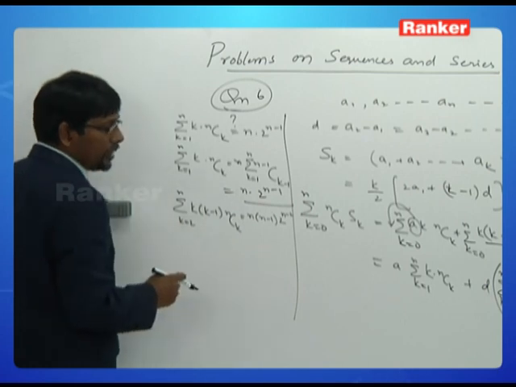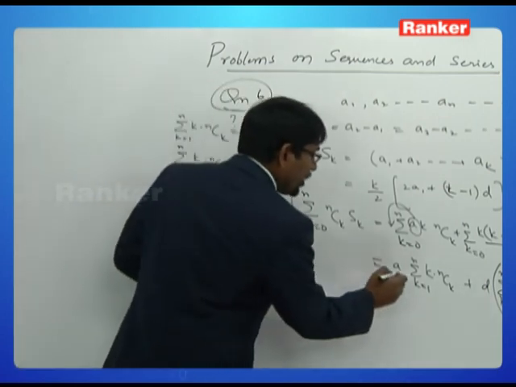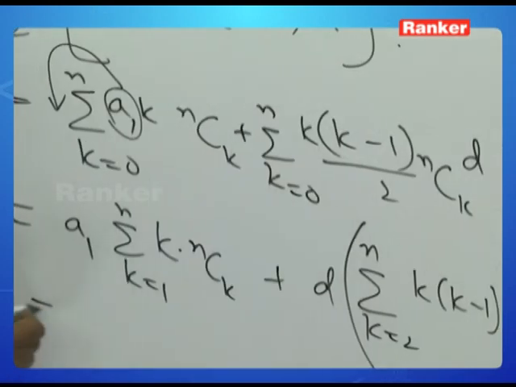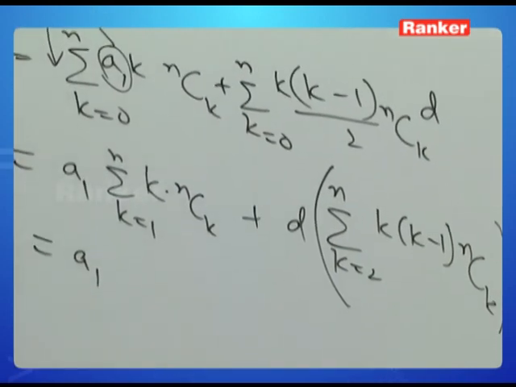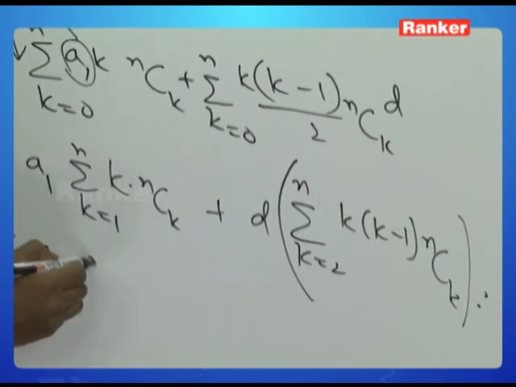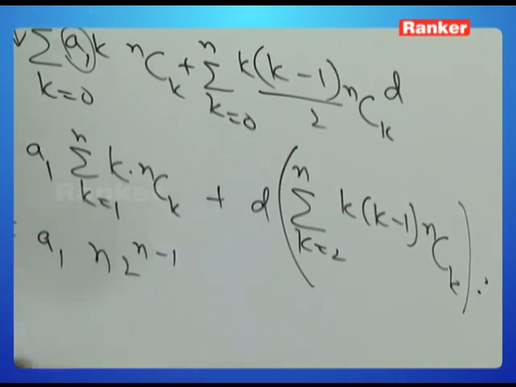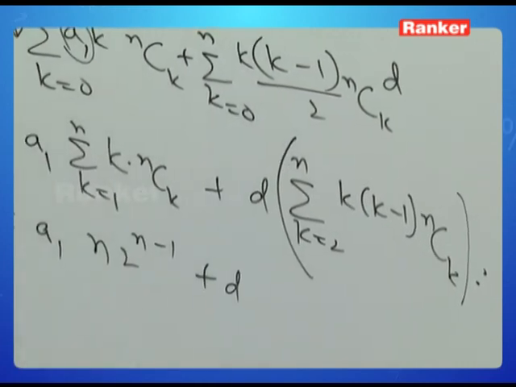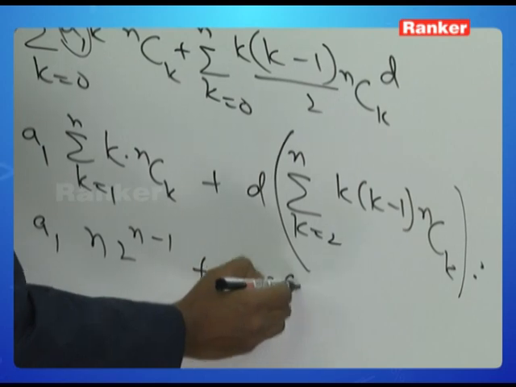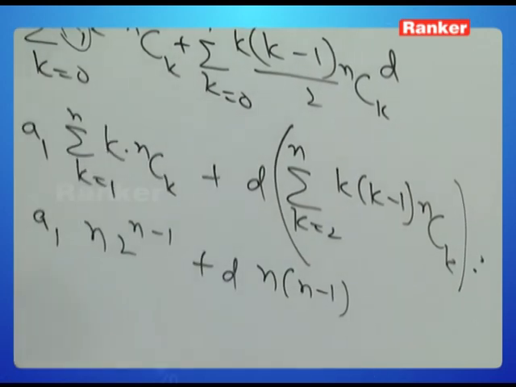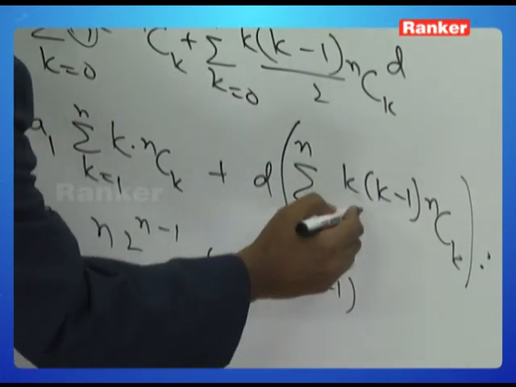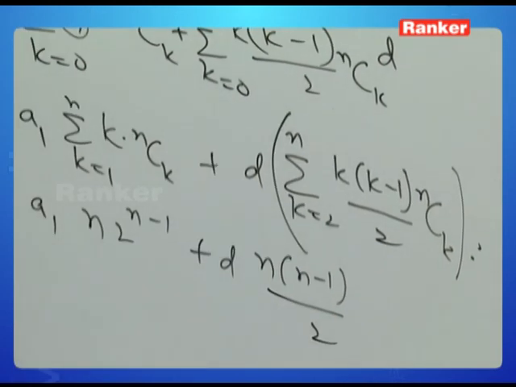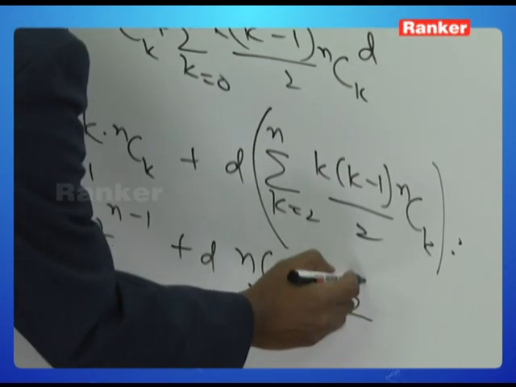Okay, so we can use these two values here, and we have a1 into n into 2 power n minus 1 plus d into n into n minus 1 by 2 into 2 power of n minus 2.